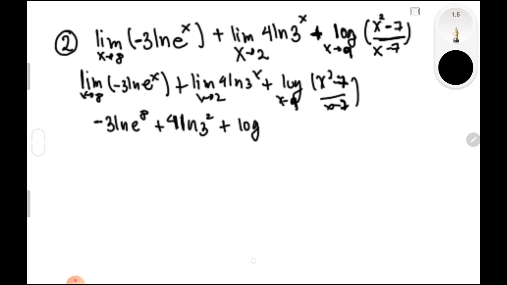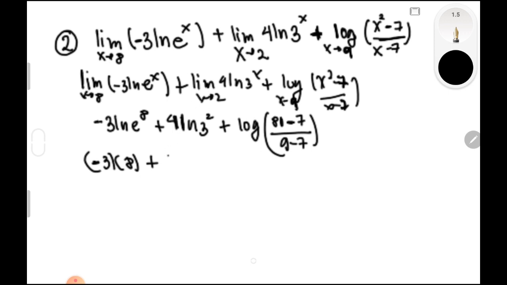So we have the logarithm of 81 minus 7 divided by 9 minus 7. Okay, so from this we'll have a value of negative 3 multiplied by 8, kasi nga ln e is just 1, plus, we have 8.